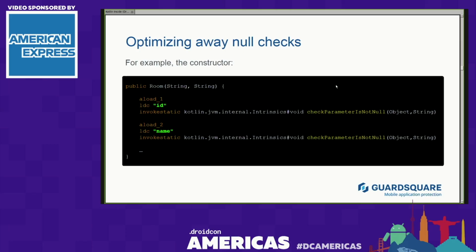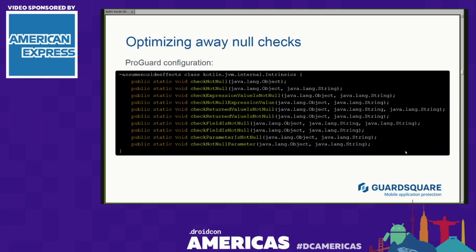In general, that might not always be possible or that easy. So in that case, you might want to give ProGuard or R8 a hand by telling it that we don't care about these checks. We know that our code is perfect, it doesn't contain any bugs, and it can get rid of these assertions. And the way to do that is to add an option assume no side effects to the ProGuard configuration, where you tell ProGuard that these check methods will never have any side effects.